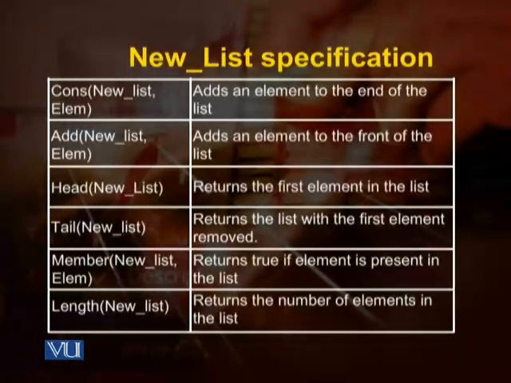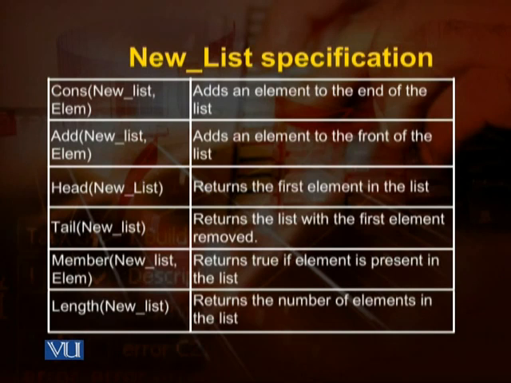So these 5 methods, create, cons, head, tail, and length, are exactly the same as we had defined them earlier in our old specification that we saw a couple of lectures ago. However, this new list has 2 new methods.